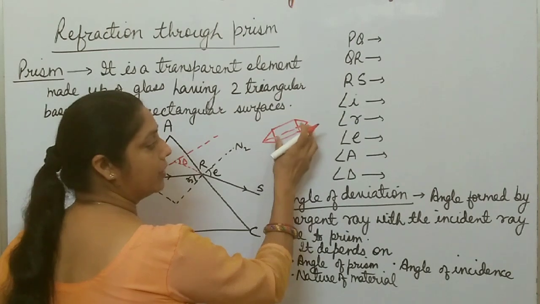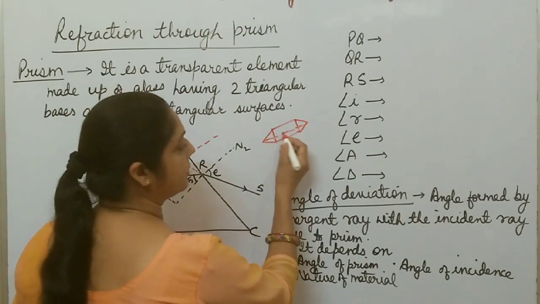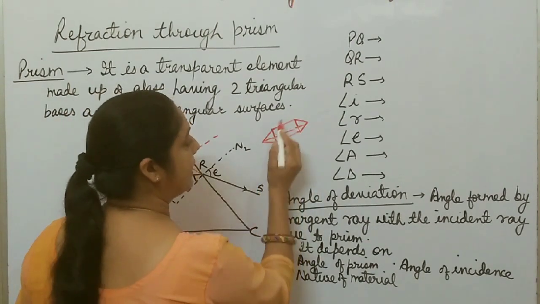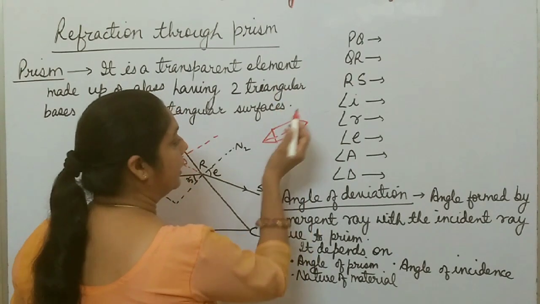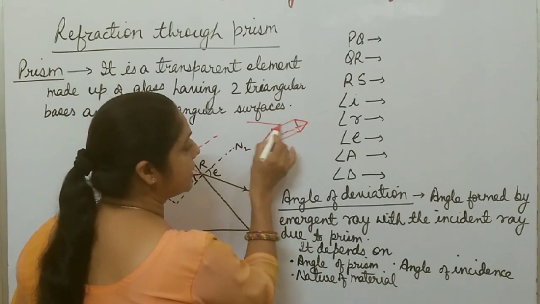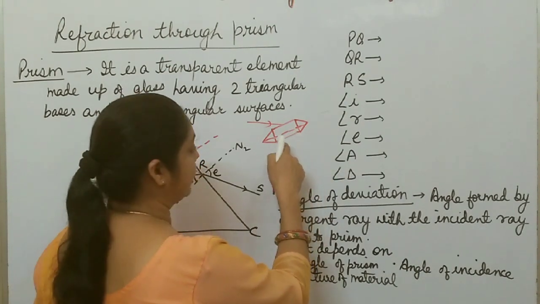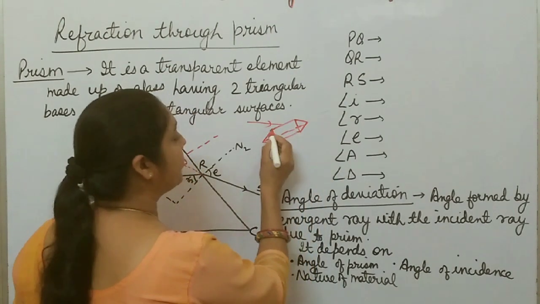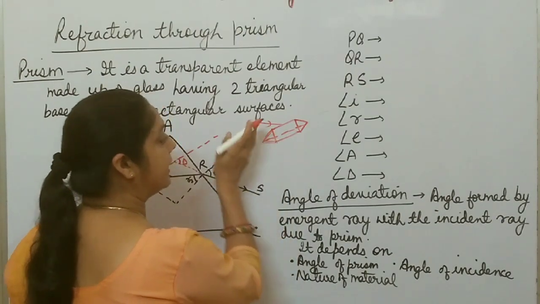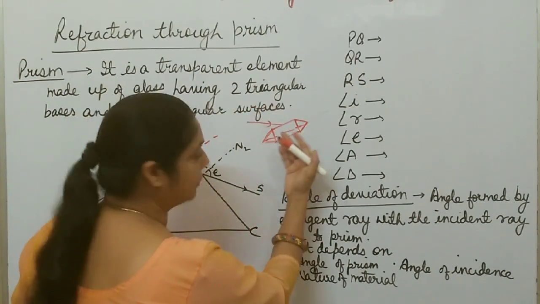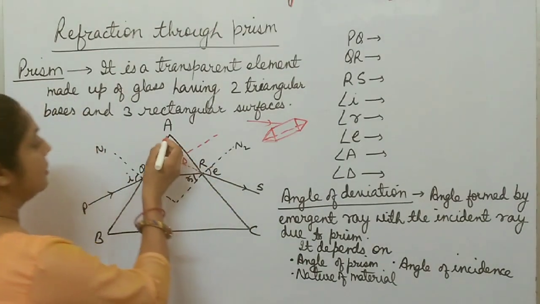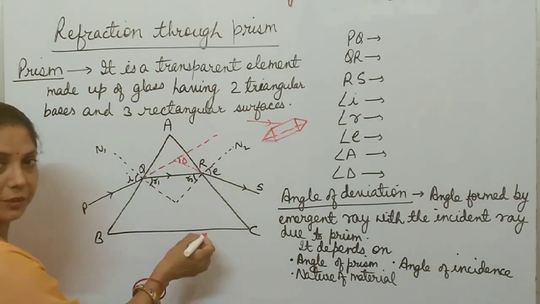It has two triangular bases and three rectangular surfaces. One is this side, another one is backward, and another one is upward. Now light enters through this backward rectangular surface and comes out through this forward rectangular surface, right? But here I am going to draw only this front surface, and light enters through this side and comes out through this rectangular surface. So this is the front surface of the prism.